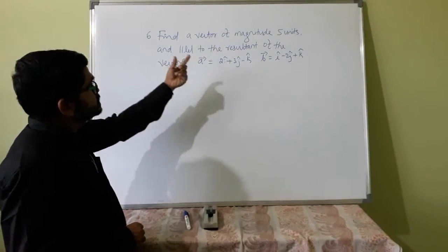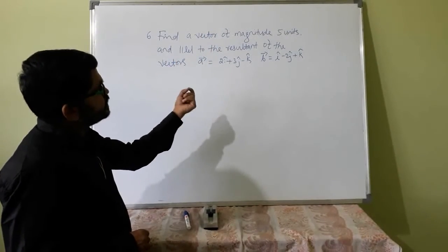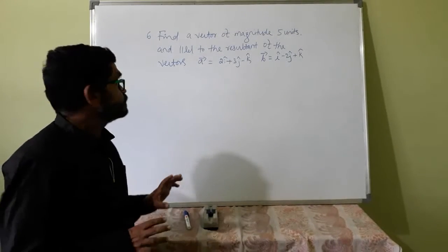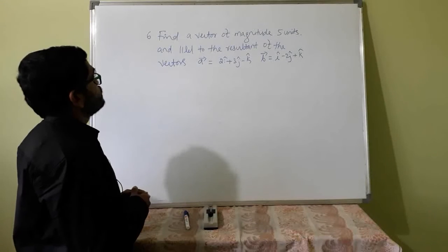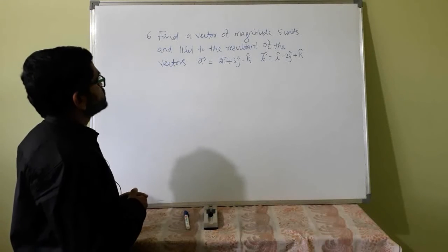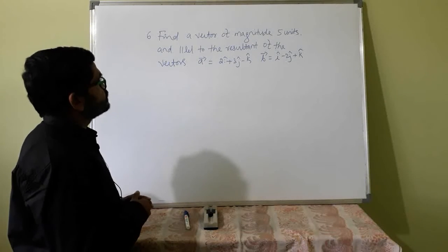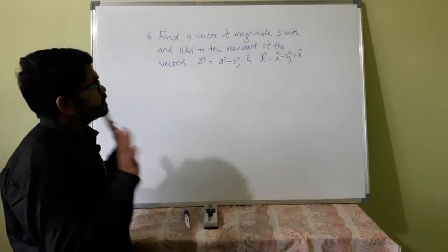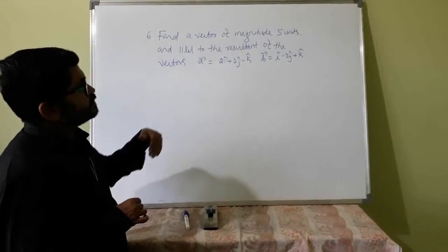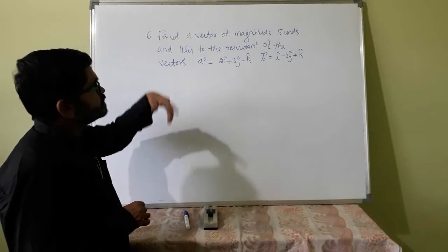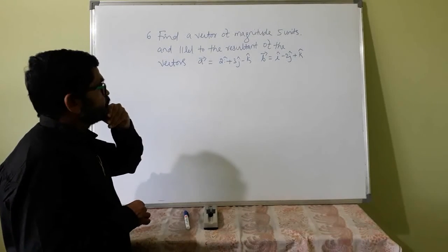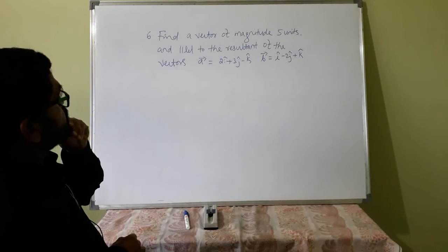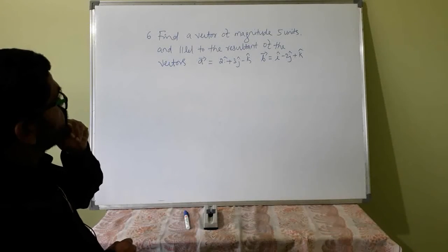You have to find the unit vector and multiply that by 5, parallel to the resultant of vectors a and b. Resultant of vectors a and b means a plus b. It may be parallel, so either plus or minus. So the required vector is plus or minus 5 times a unit vector in the direction of a plus b.